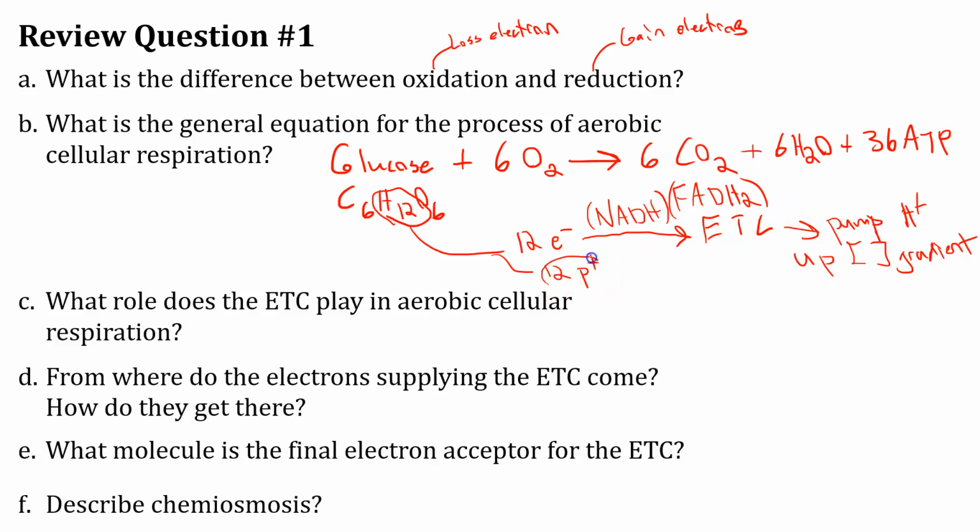So the ETC, the electron transport chain, is pumping these protons that originally came from the hydrogen. And then the job of the protons is pretty simple. All they do is flow down the concentration gradient.